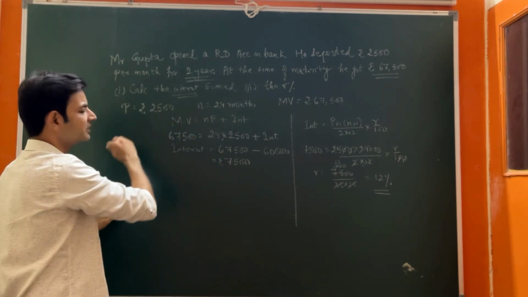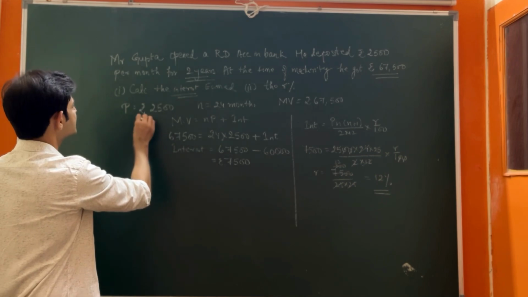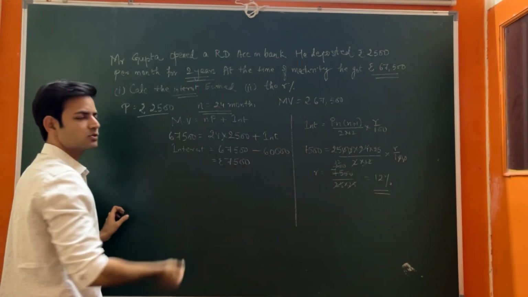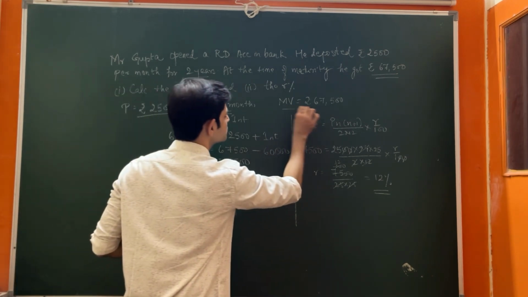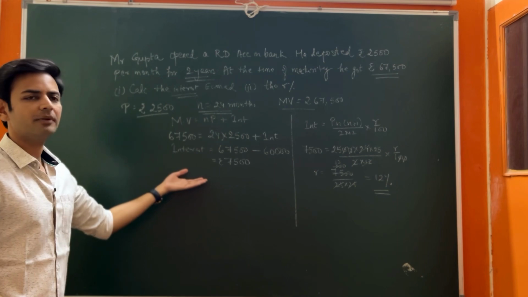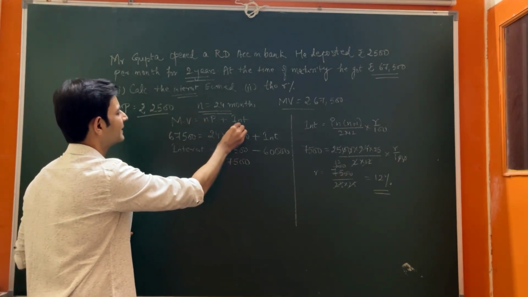Now, we will first take up the given values in the question. So principal is rupees 2,500. Number of months is 24 months and maturity value is 67,500. We will use the formula of maturity value. That is, maturity value is equal to N into P plus interest.